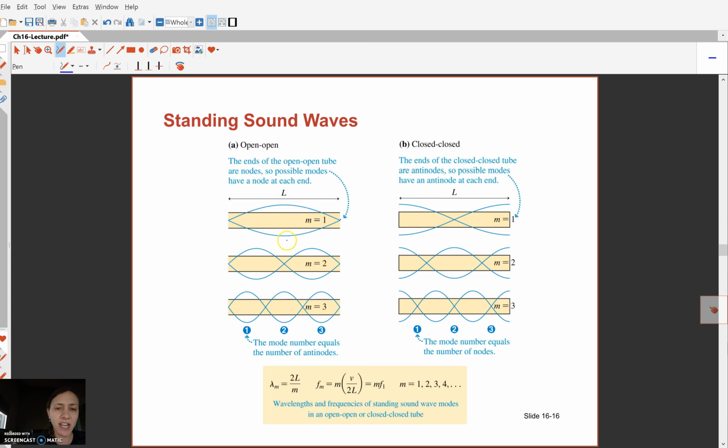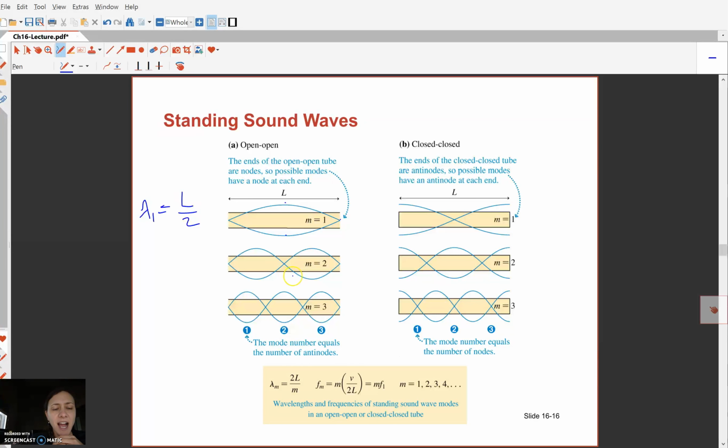Right in the center we have an antinode where oscillations between compression and rarefaction occur very quickly. And if I were to write down what the wavelength is in relation to the length of the tube, well, we can see here we have half of a wavelength. So this is L/2, okay?